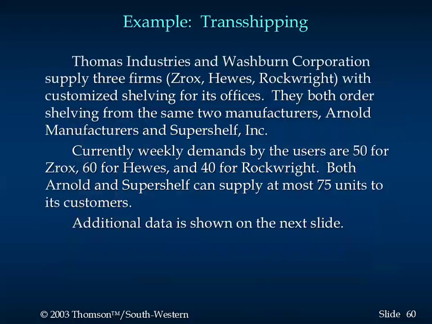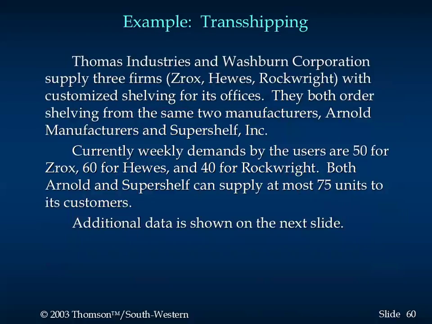So, shall we try a problem? Thomas Industries and Washburn Corporation supply 3 firms, Xerox, Hughes, and Rockright, with customized shelving for their offices. They both order shelving from the same 2 manufacturers, Arnold and Supershelf.